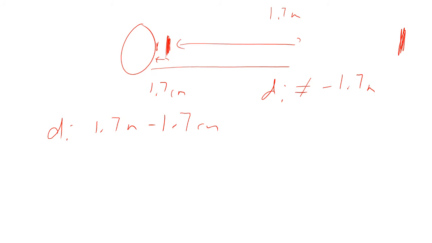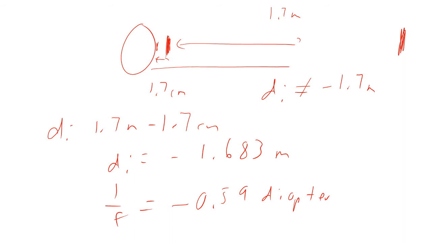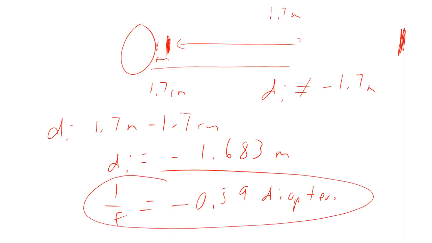That would be an image distance of minus 1.683 meters. Well, 1 over f, if you do the mathematics, still turns out to be minus 0.59 diopters. So it makes no difference with glasses or contacts for this person.